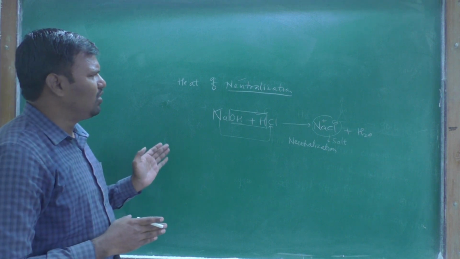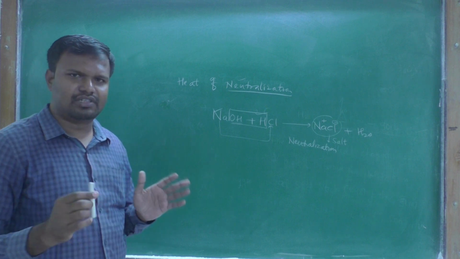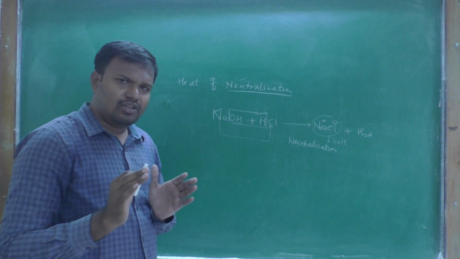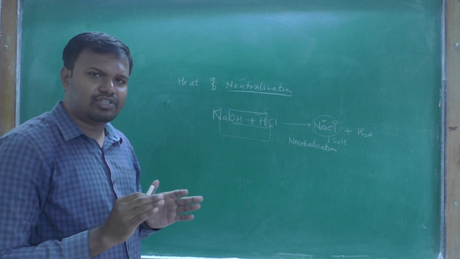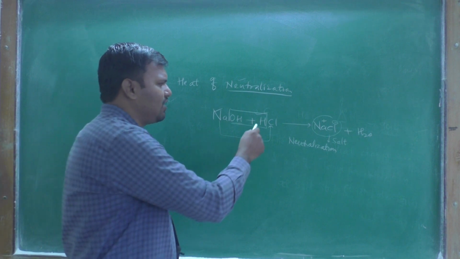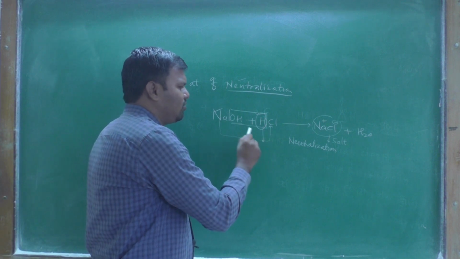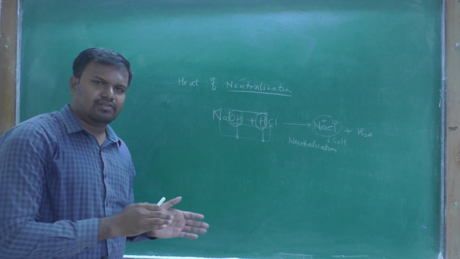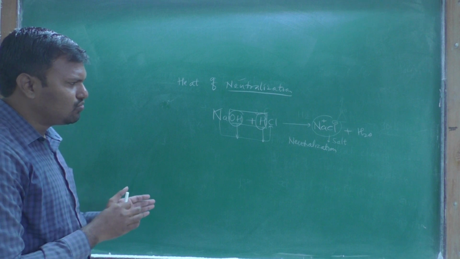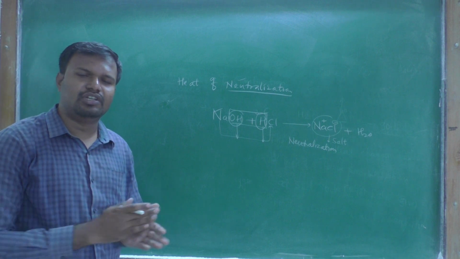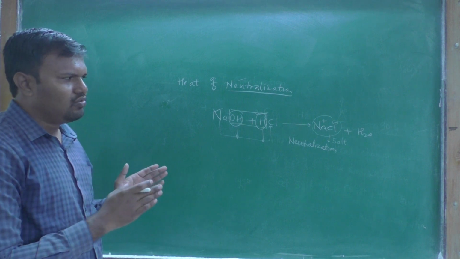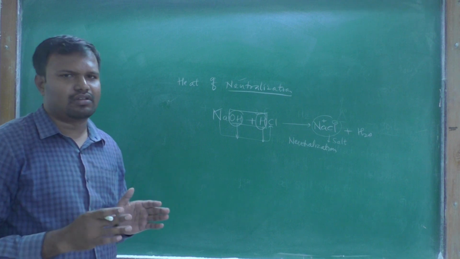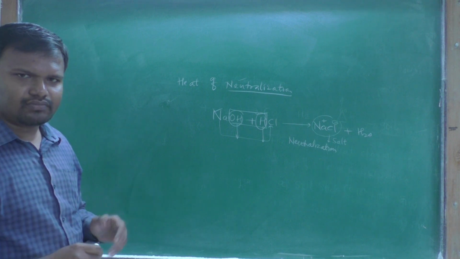Now, what is the meaning of heat of neutralization? Firstly, the acids and bases which give the heat of neutralization have hydrogen and OH containing moiety. In heat of neutralization, definitely salt and water will be produced.